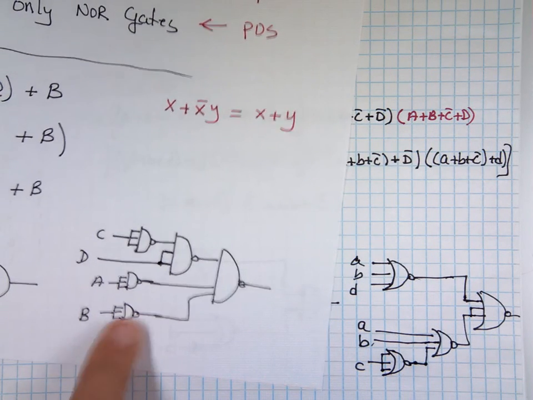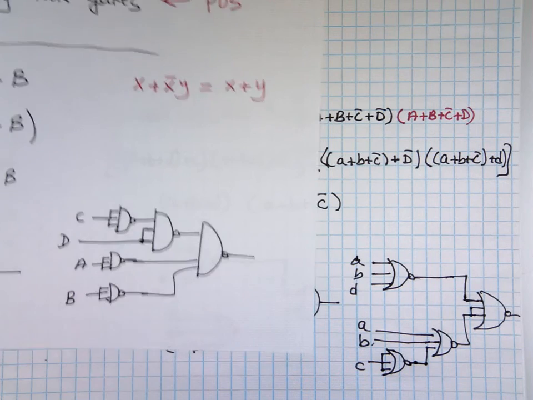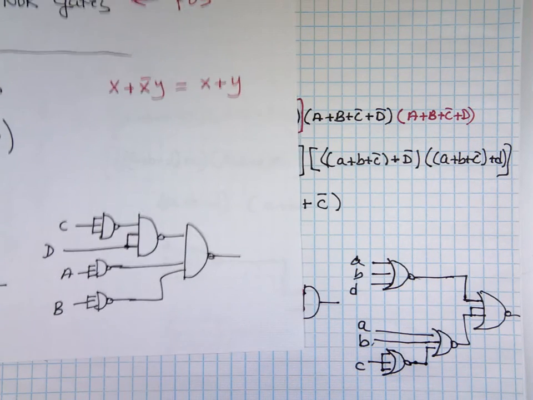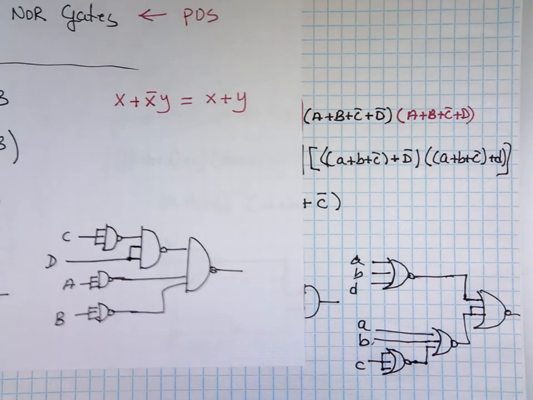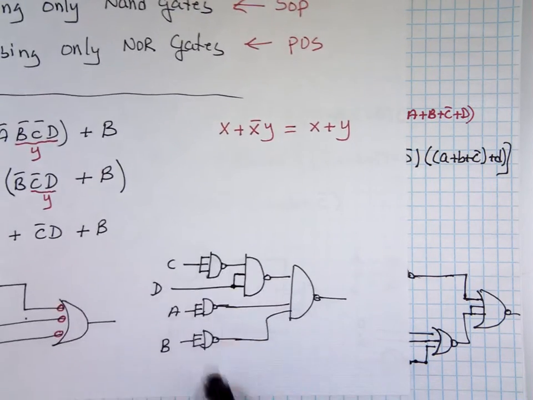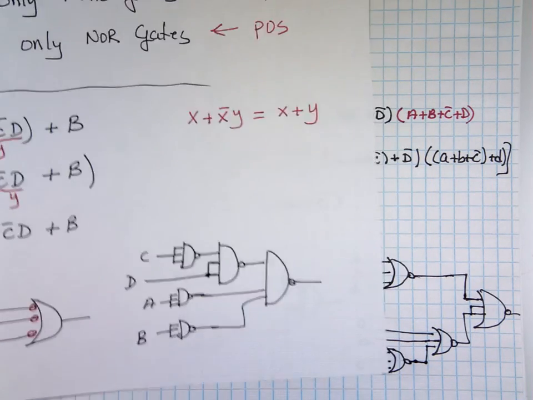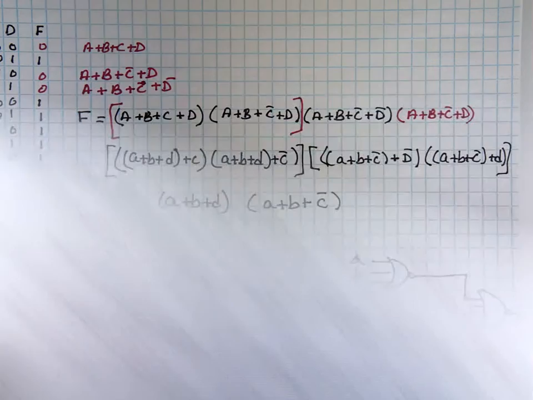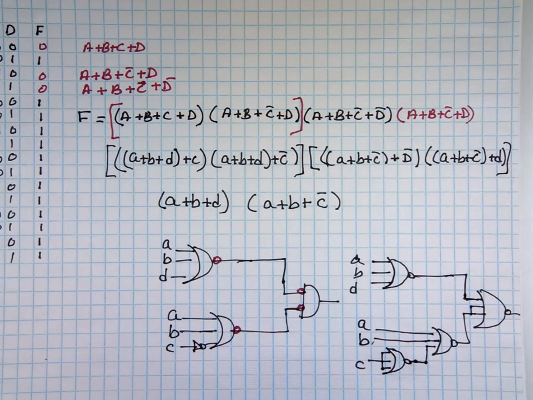But the number of chips is probably not going to change because NOR gates only come three to a chip when they have 3 inputs. So 1, 2, 3, 4, 5 here. Fewer connections. Again, time-wise, it will reduce the time of building this circuit. Okay. So this is how we use DeMorgan's theorem.